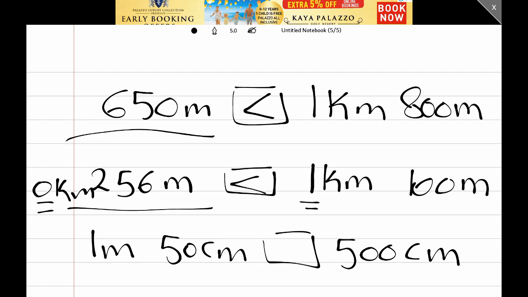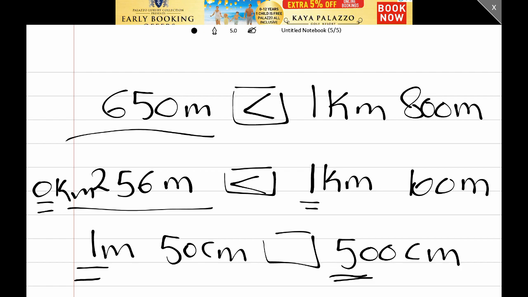But now I will use logic to compare them. Here we have 1 meter and here we have 500 centimeters, and I know that each 100 centimeters equals 1 meter. So here we have 5 meters, right? So which one is bigger, 1 meter or 5 meters? It is 5 meters.